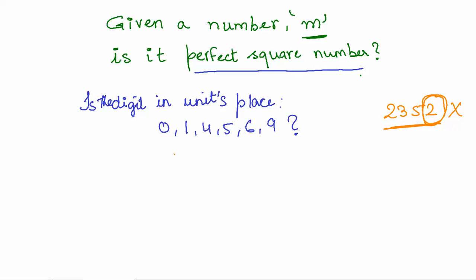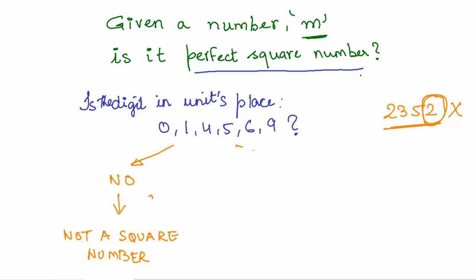So the first check is, if the digit in the units place is not 0, 1, 4, 5, 6 or 9, you can straight away conclude that it is not a square number. So this is like the first level of check that you should be doing.